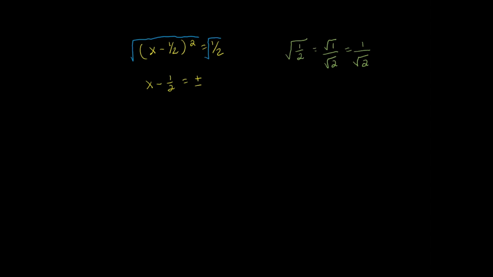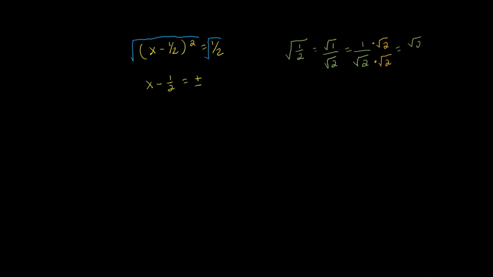Now we do not want to have square roots in the denominator of a fraction, so we need to rationalize the denominator. And what that means is you multiply the top and the bottom by whatever your denominator is. So we're going to be multiplying the top and the bottom by the square root of 2.